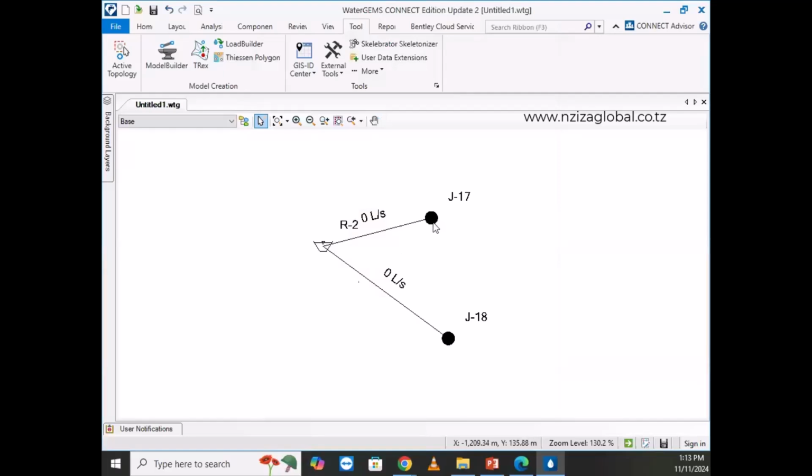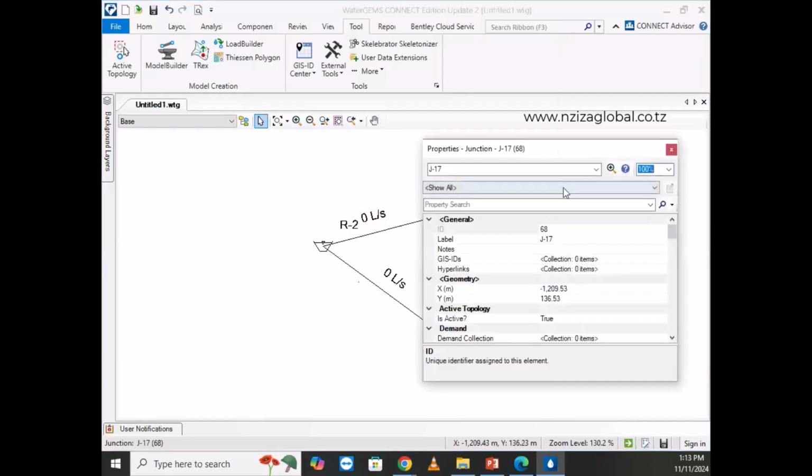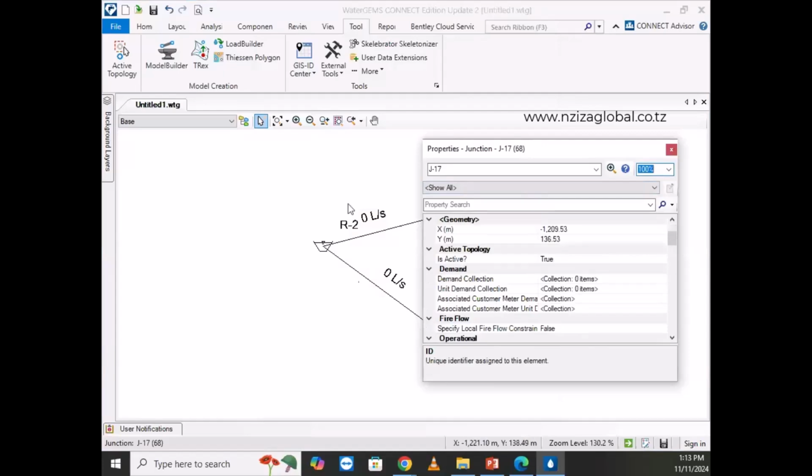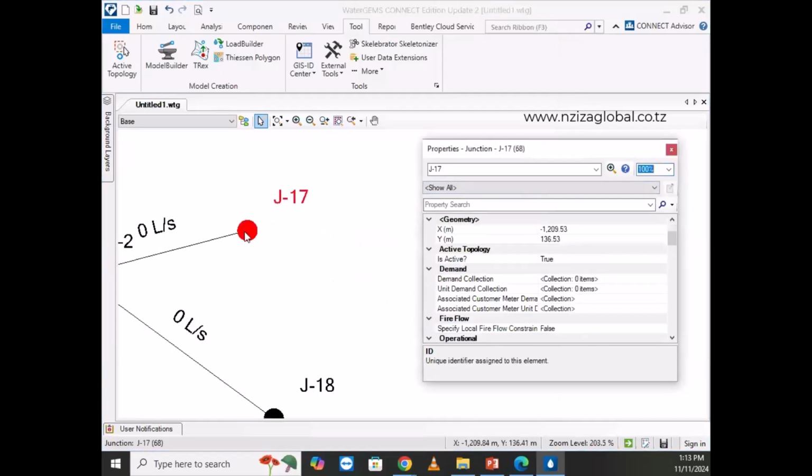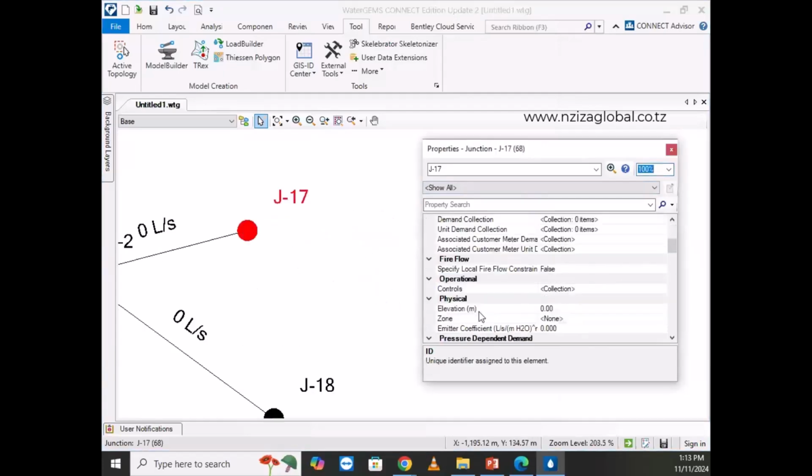The way that I want you to know now is by entering the property, for example, of a junction. If you go to elevation and right click on it, it will say units and formatting.